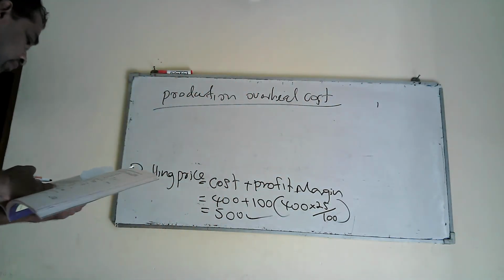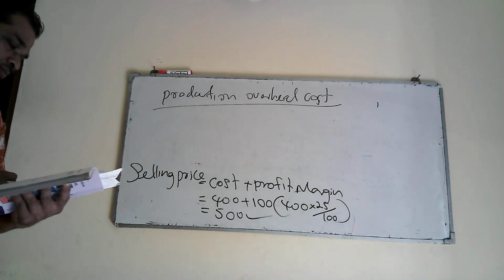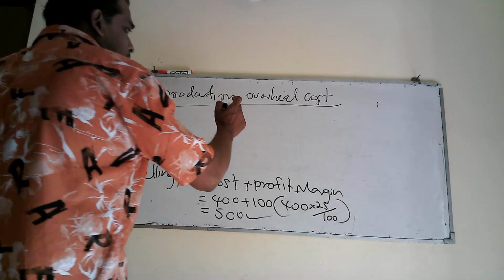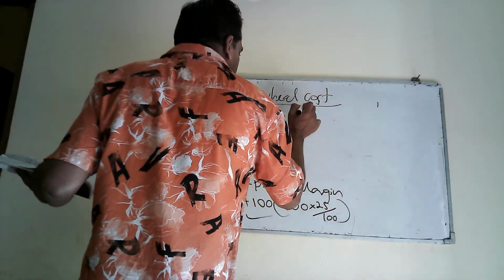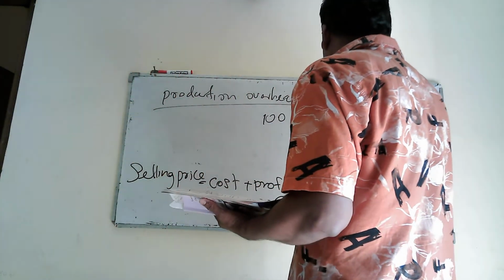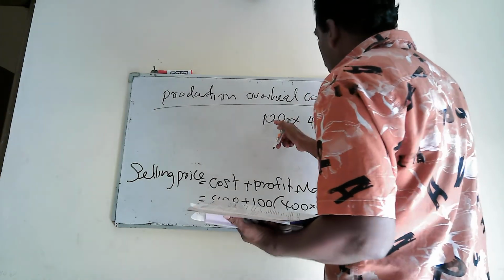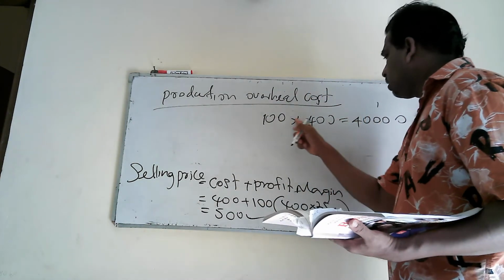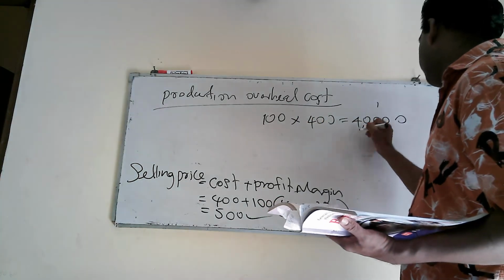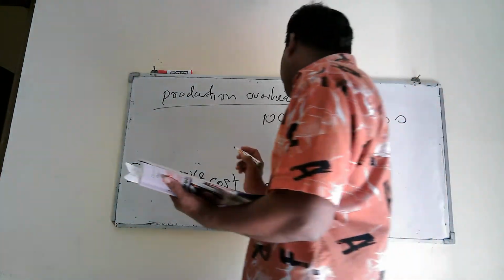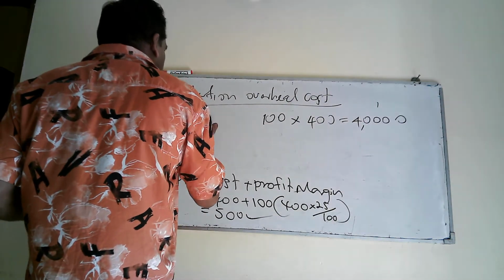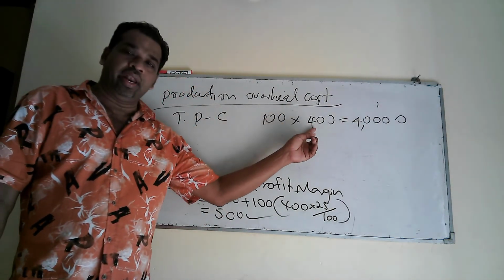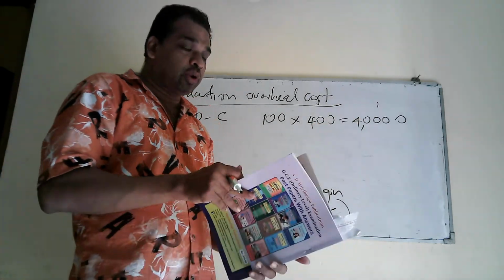Here you are given number of units produced 100. The unit cost is 400. Then you can take 400 into 100, 40,000. Right? That means 40,000. That is the total production cost. Here 100 into 400 equals 40,000 as the total production cost.